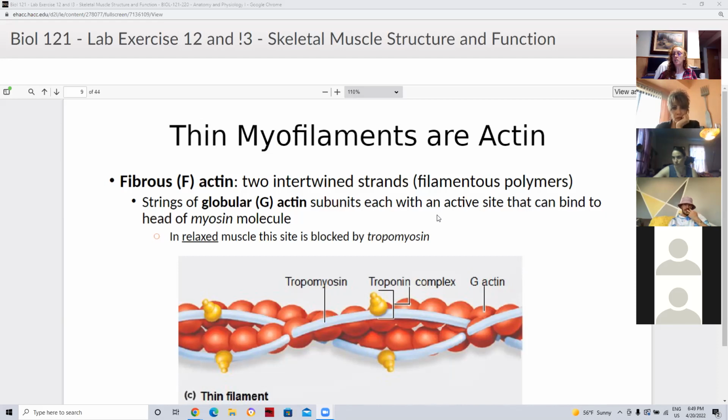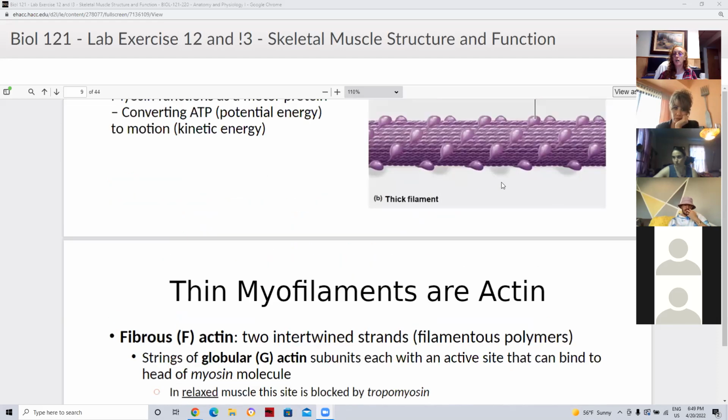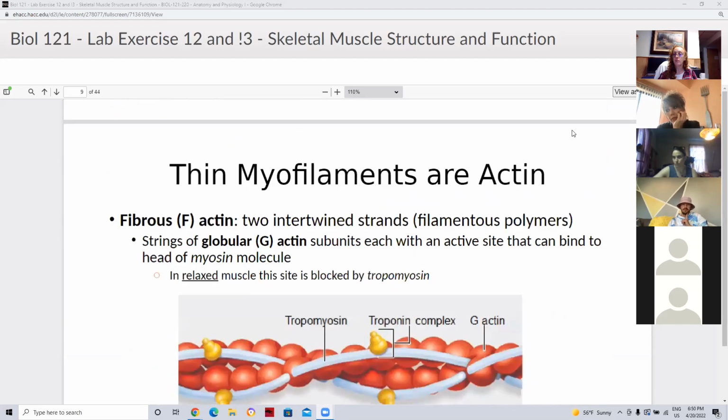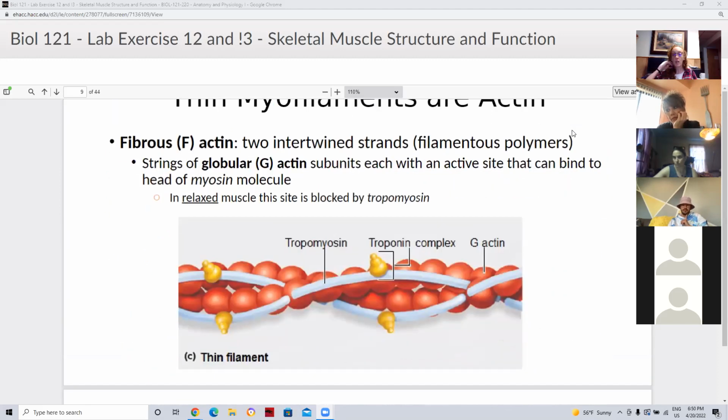And each actin subunit has an active site that can bind to the head of the myosin molecule. In relaxed muscle, this site is blocked by tropomyosin that has troponin attached to it.